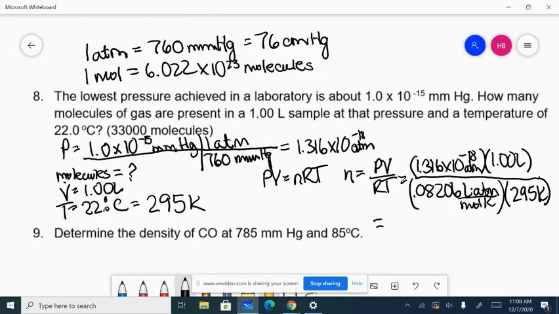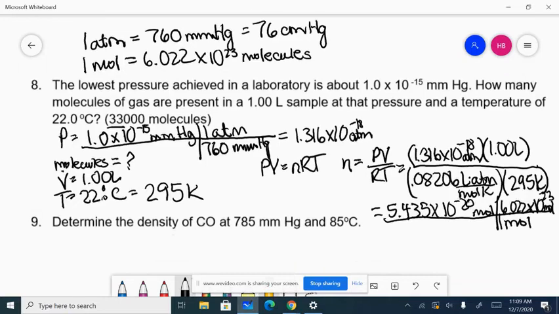And this gives us an answer of 5.435 times 10 to the minus 20 moles. If that's how many moles you have, we'll multiply it by Avogadro's number: in 1 mole, there's 6 times 10 to the 23rd molecules. And I get an answer to 2 significant figures of 33,000 molecules.